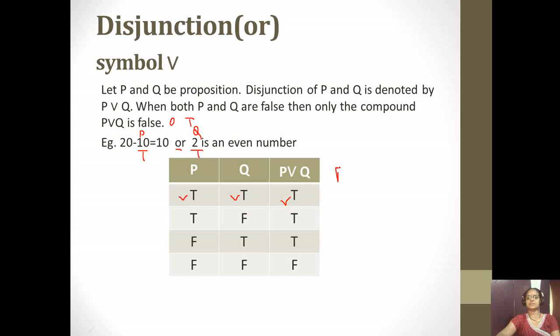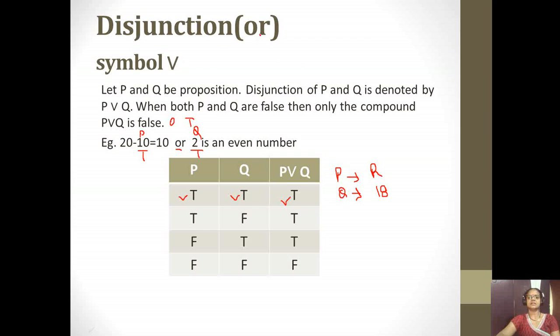Let's take the first proposition: your name is Rita, or, using disjunction, your age is 18. What will be the result for disjunction? The first proposition is your name is Rita, the second is your age is 18.